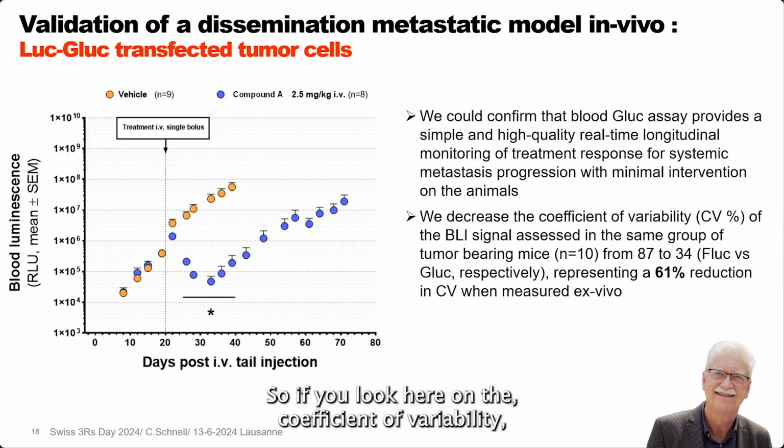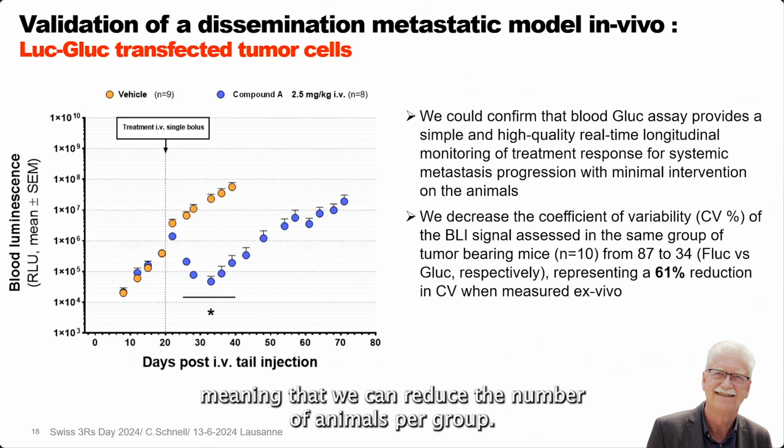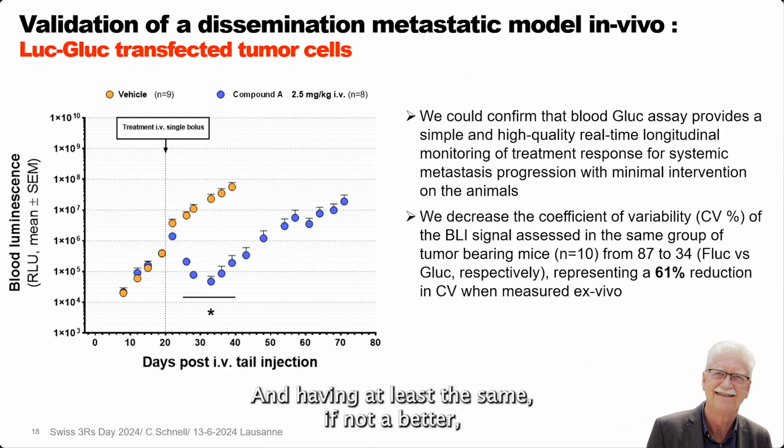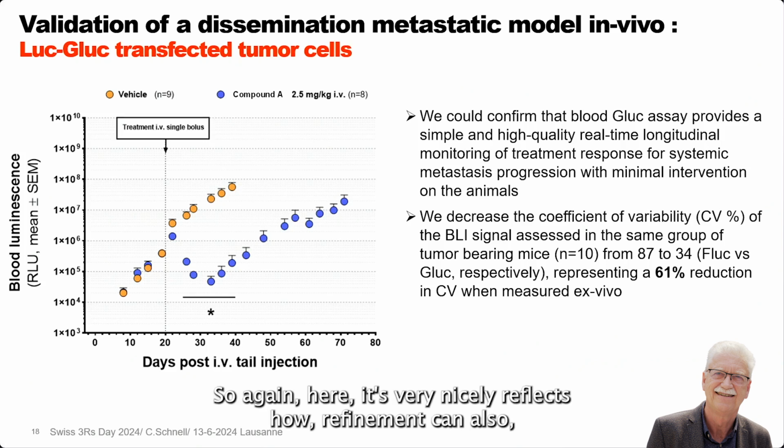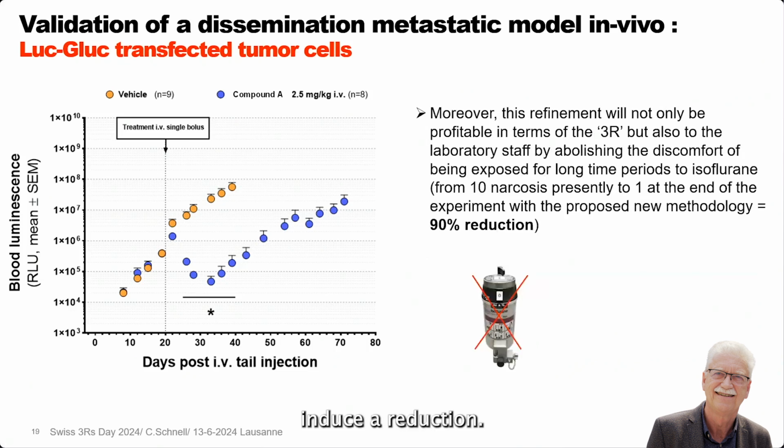If you look here at the coefficient of variability, when we measure the animal with the firefly versus with the G-Luc, we have basically a 61% reduction in the variability, meaning that we can reduce the number of animals per group and have at least the same, if not better, statistical power at the end of the day. So again, here it very nicely reflects how refinement can also induce a reduction.